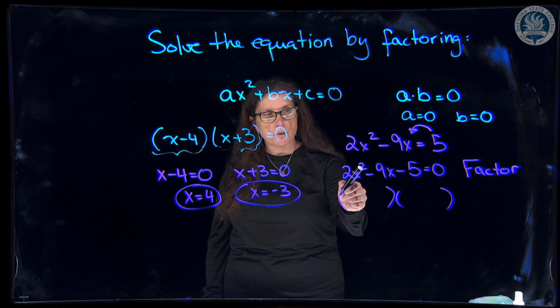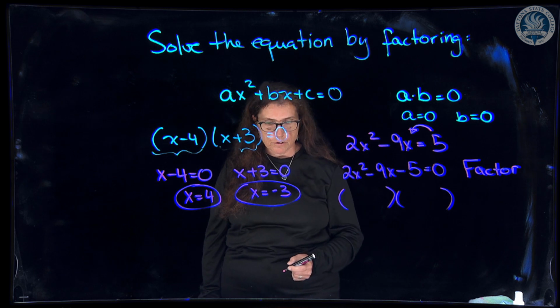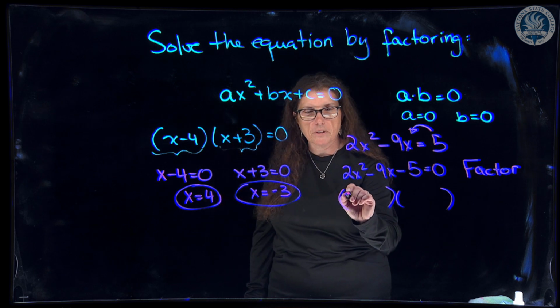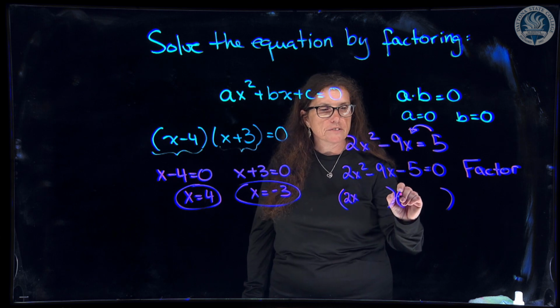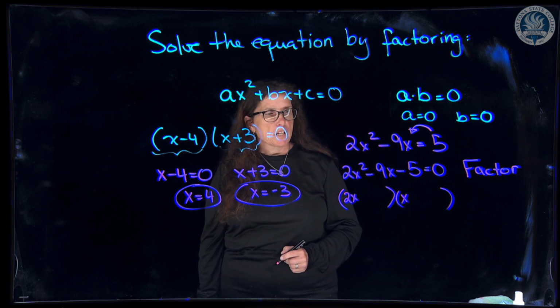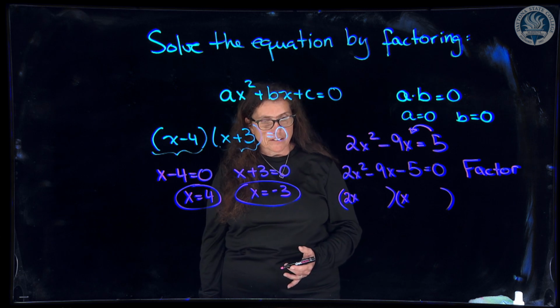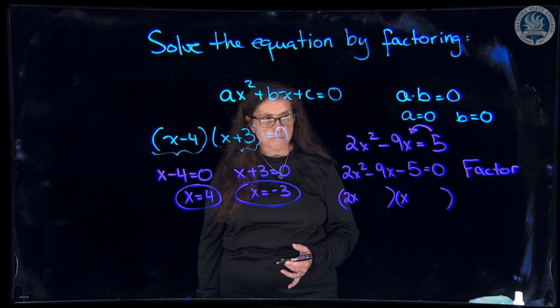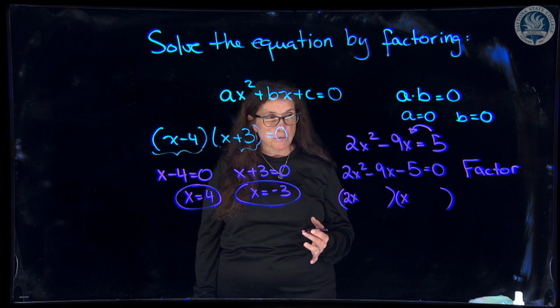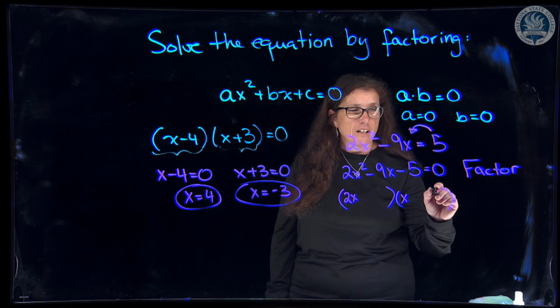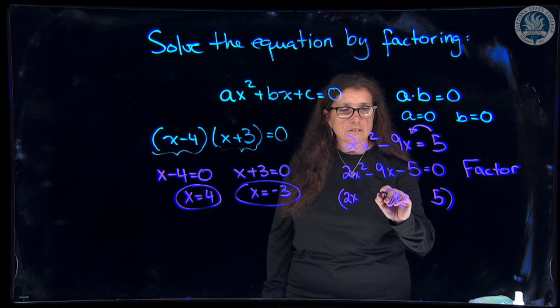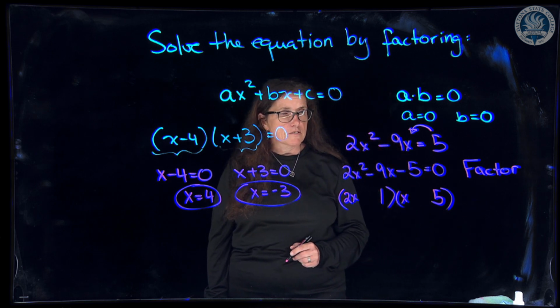I have a 2x squared, that is my first term, so I factor the 2x squared into 2x and an x here. Now my last term is a 5, and 5 only factors into 5 times 1. So now I have to be smart about this. I try it. I'm going to put my 5 in this spot and my 1 in the other spot.